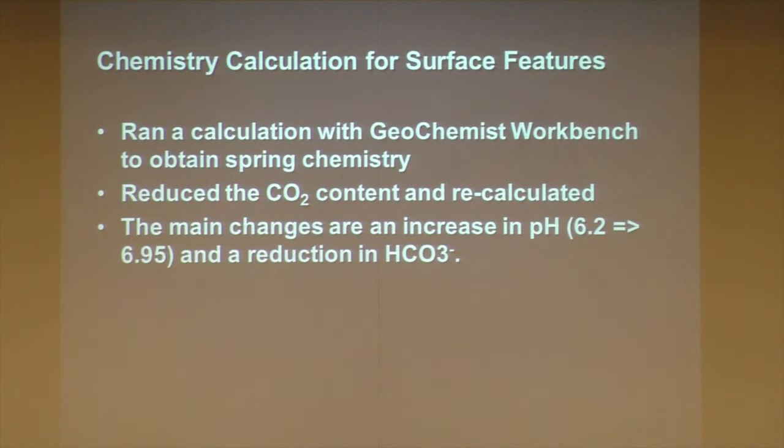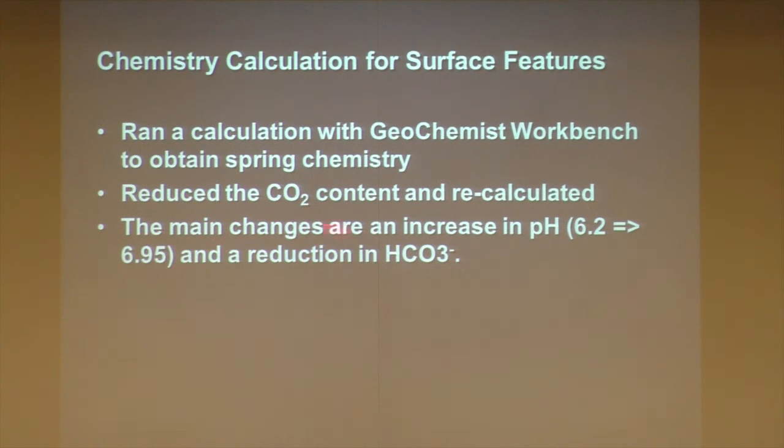We did some work to understand what that could mean, and we ran a chemistry calculation using Geochemist's Workbench, where we took a reservoir fluid, we mixed it with groundwater to obtain a spring chemistry. We then reduced the CO2 content of that geothermal component to see what would happen.